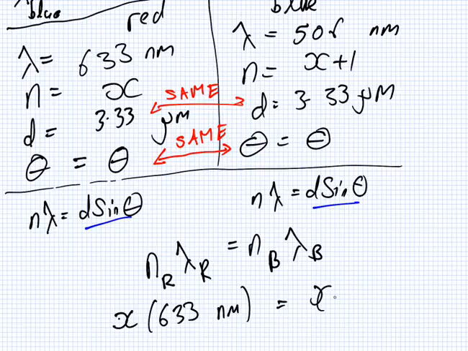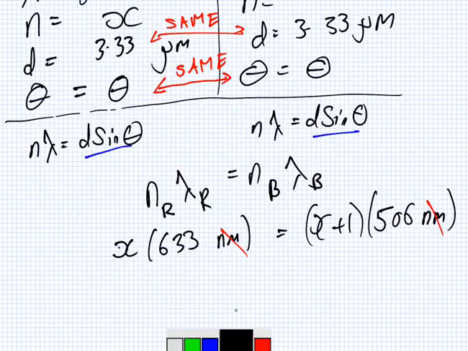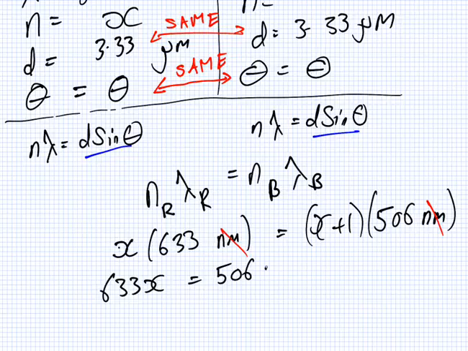The d we know, it's 3.33, wasn't it? And the theta we don't know, we'll call it theta, but we know it's the same angle.